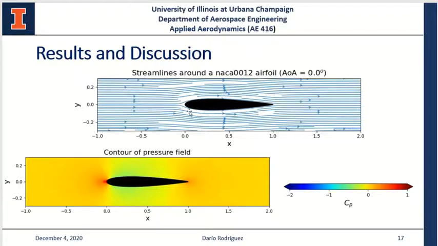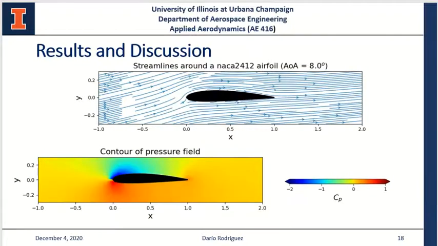By this time we have already calculated both the strengths, so we are able to calculate these contours, and it's interesting that the results align with what happens in reality. We have a stagnation point right here, and also a little stagnation point right here, which fulfills the condition. And I also plotted the same two plots for the NACA 2412 at an angle of attack of 8 degrees to check if the streamlines behave as expected, and they do.